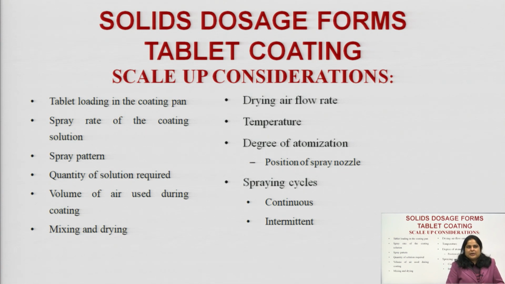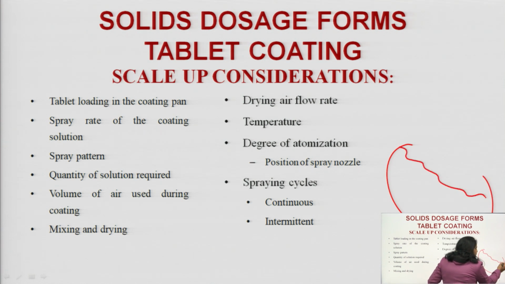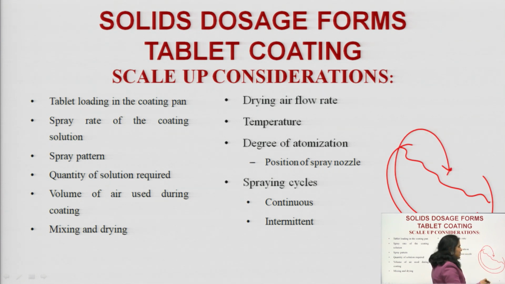Then the various scale up considerations for tablet coating are, first one, tablet loading in the coating pan. How much tablet we should load in the coating pan? By doing experimentation, we have to optimize, because if we load more tablets into the coating pan, it will be filled up to the brim, and when the tumbling effect goes on, when this pan rotates on its axis, these tablets can come out from this pan.